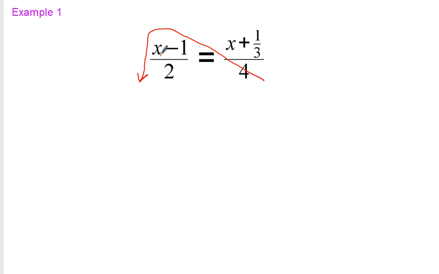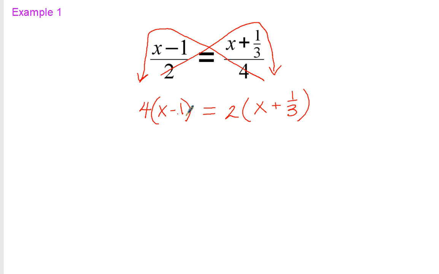Since this x minus 1 is all on the top, that's our quantity. So when we multiply it, we're going to have 4 times the quantity of x minus 1. So do you see how I had to put that in parentheses? So I'm going to have to do the same thing over here when I go the other direction. Drop it down. And I'm going to have my 2 times the quantity, x plus 1/3.